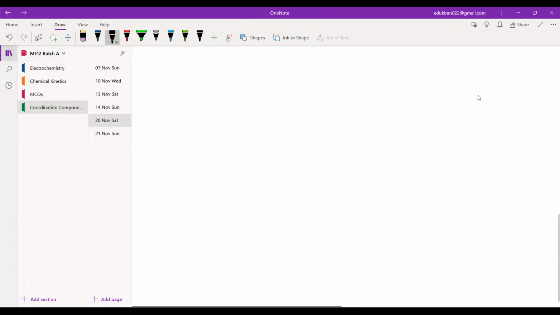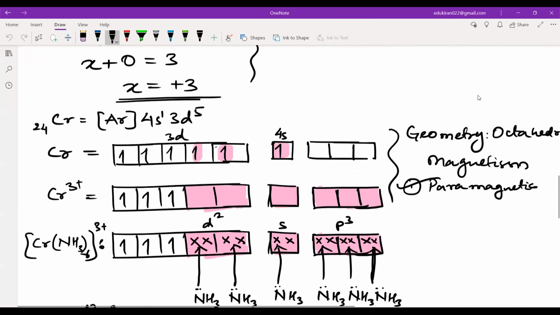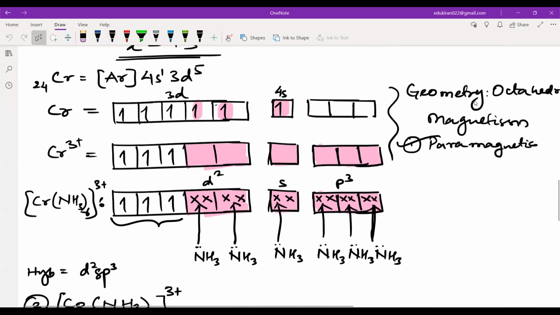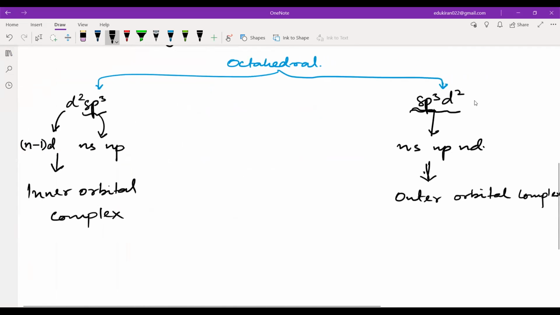The complex has 3, not chromium, which is an atom. I am asking about the complex. In the next one, 0.